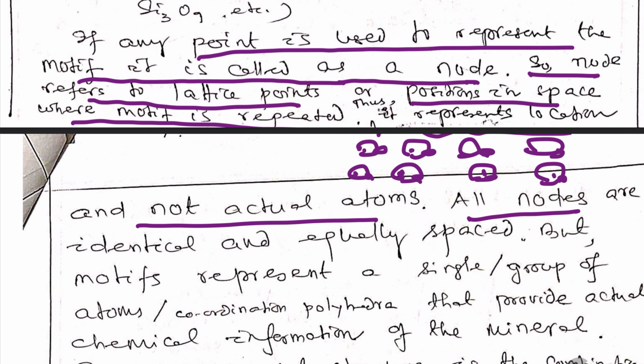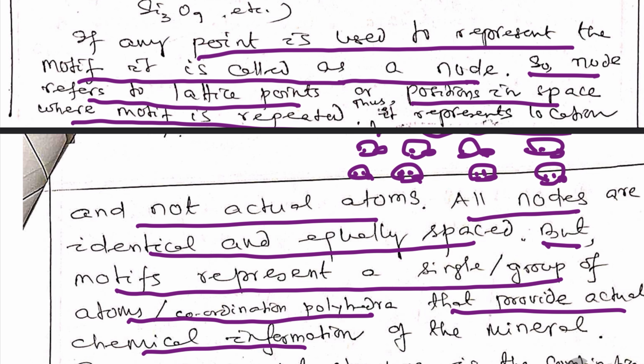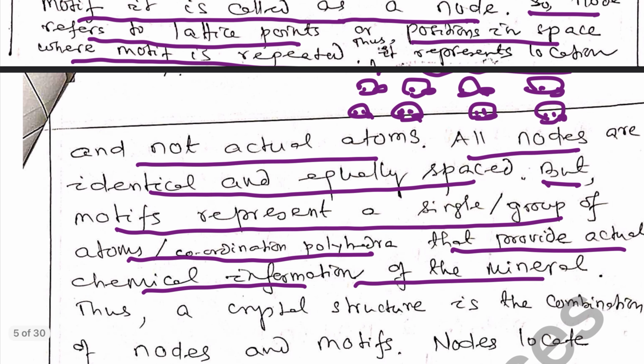Systematic arrangement is the arrangement of nodes or the lattice points. All nodes are identical and equally spaced, but motifs represent a single atom or a group of atoms or coordination polyhedra that provide the actual chemical information of the mineral.